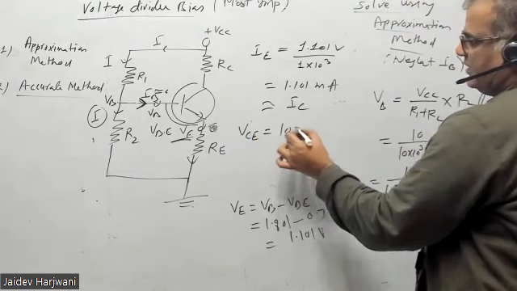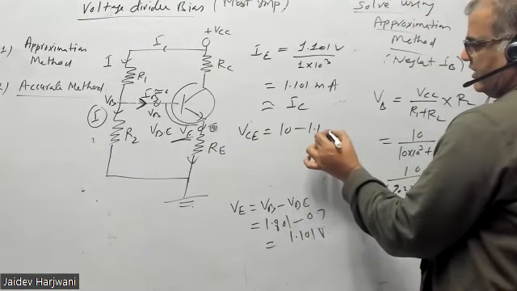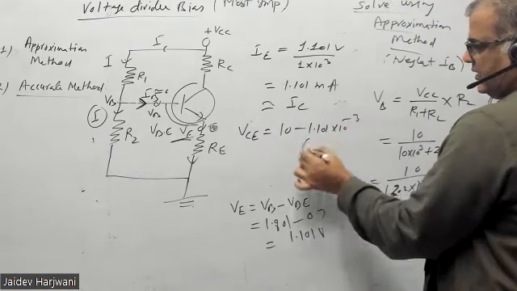And if you know the IC, you can find the VC. VC will be 10 minus IC, 1.101 milliampere into RC.